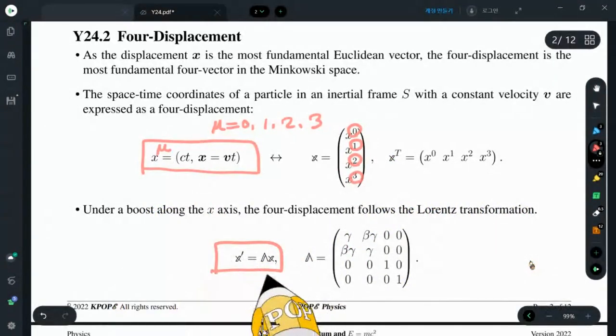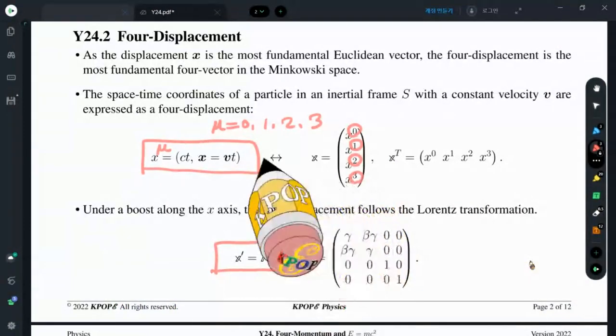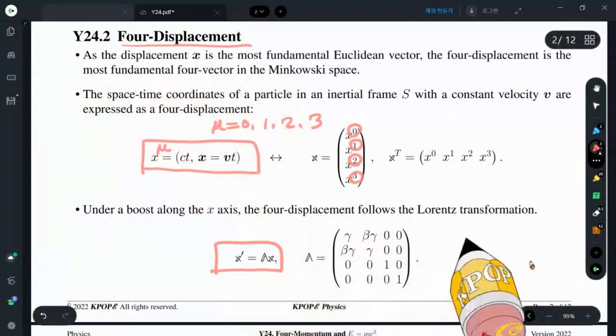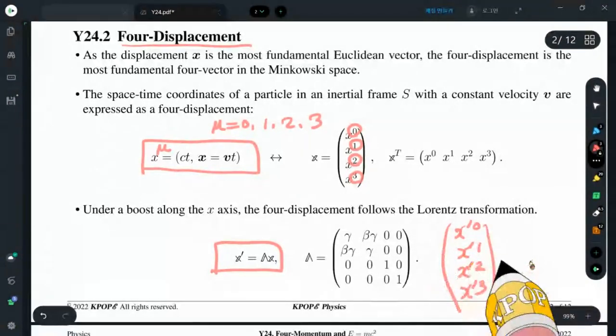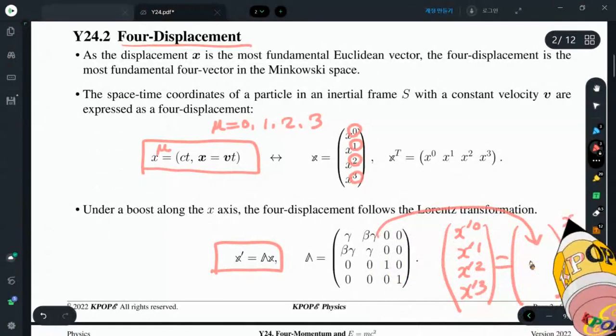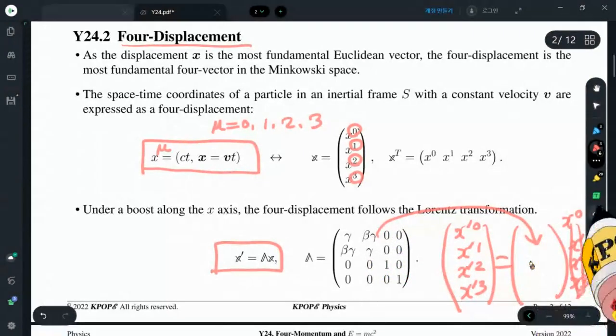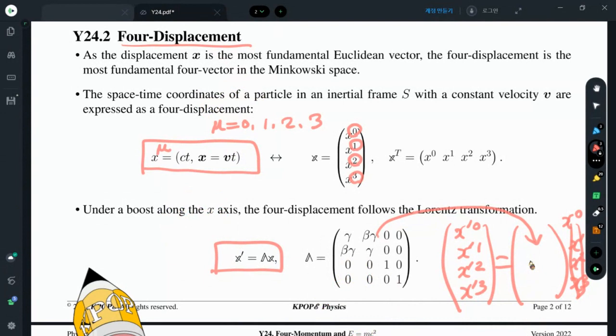The Lorentz transformation is for the transformation of these four displacements. So x'^0, x'^1, x'^2, x'^3 can be obtained by substituting this matrix and x^0, x^1, x^2, x^3. Multiplication of this matrix will result in the four components of the four displacement in any inertial reference frame.